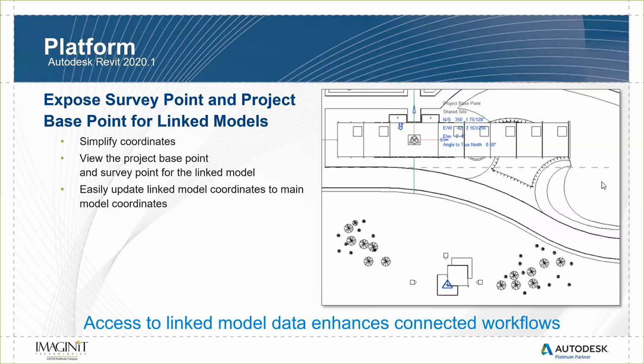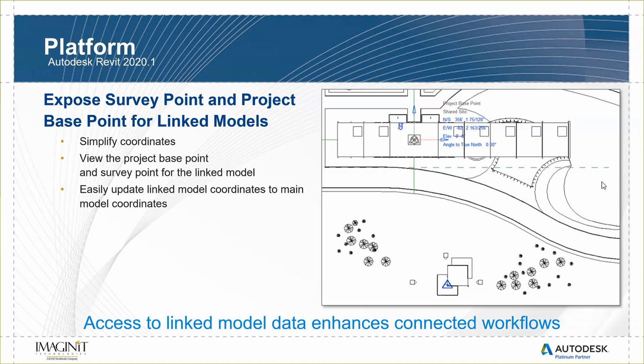Our next feature. So we've exposed the survey point and the project base point for linked models. When we link in a model, we're going to see that information over in the site plan, which is typically where we want to see it. So this allows us to quickly coordinate back and forth with our consultants to make sure we're seeing the right things.